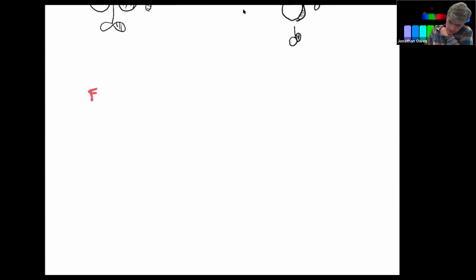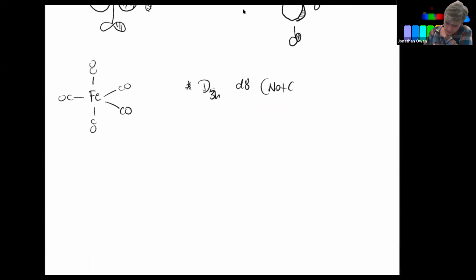So iron pentacarbonyl, this guy is D3h, sorry, not D4h, and d8. It's not C4v.